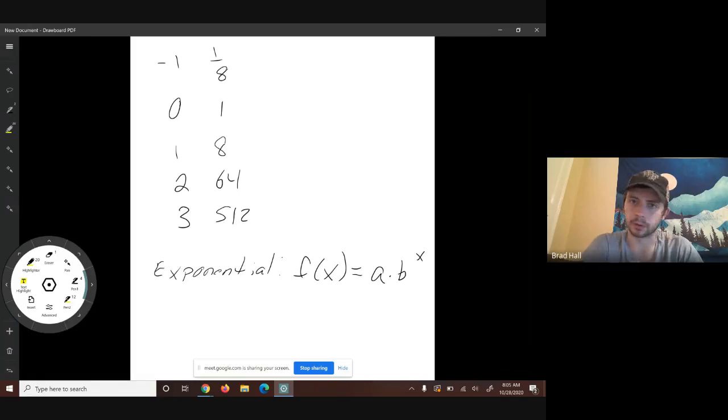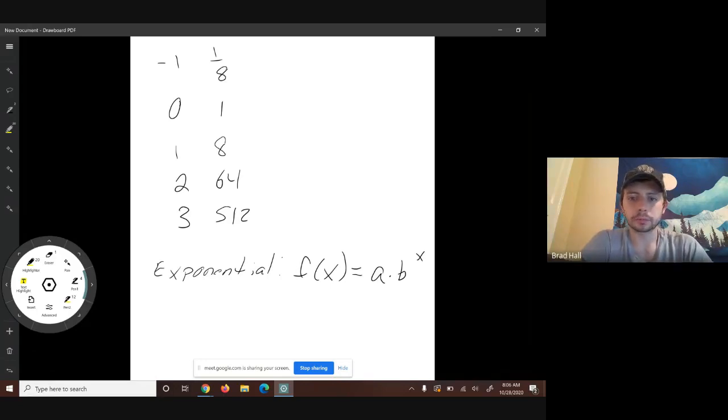Or some similar form. In my notes, I put c times a raised to the x, but it's just a number in the front, there's a base, and then there's an exponent.